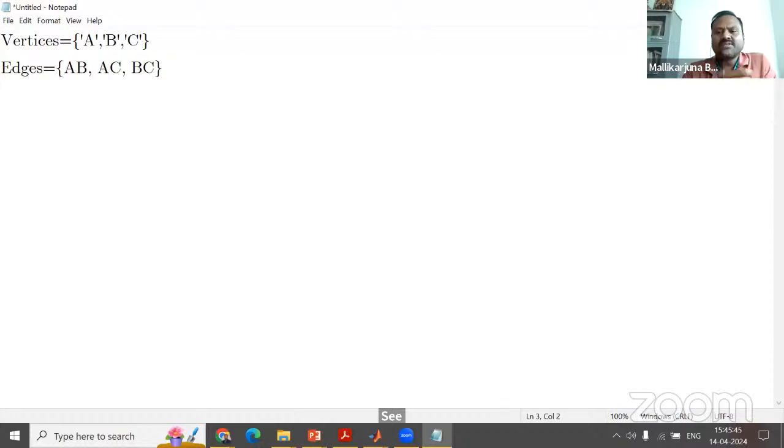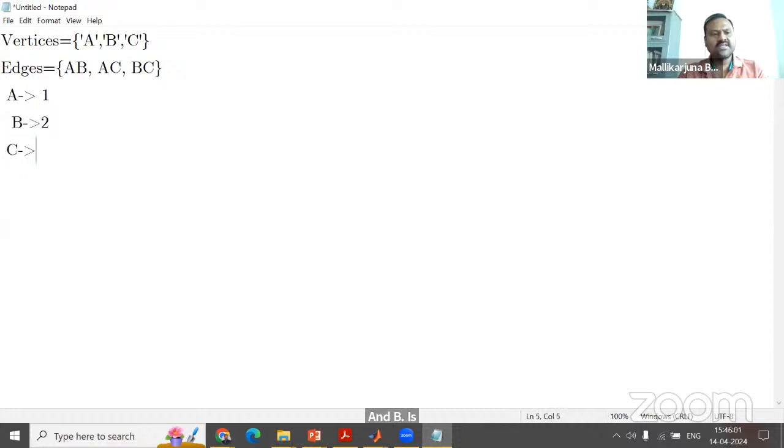A to B, A to C, and B to C. These are the edges. We can't directly give the ABC labels to MATLAB software. That is why I will take A as 1, B as 2, C as 3.